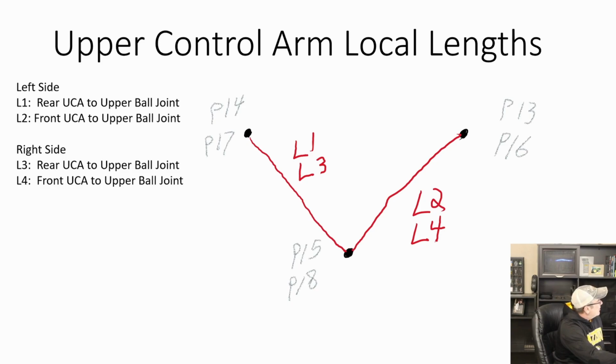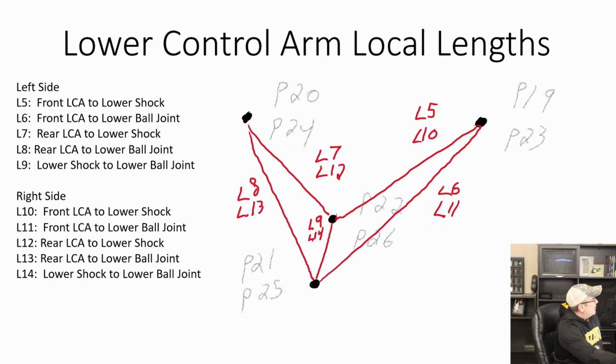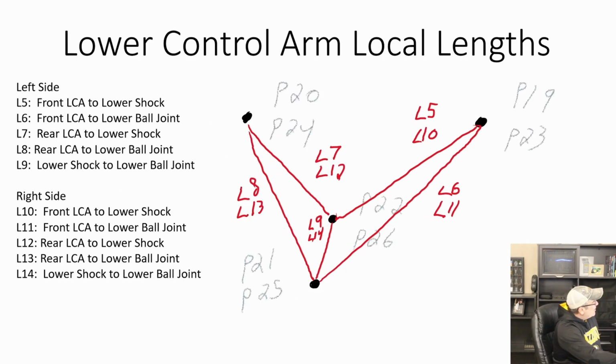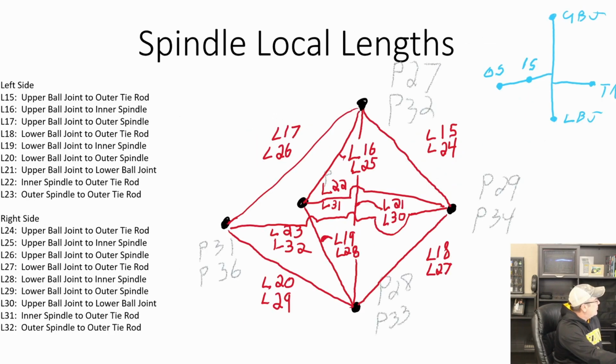So the upper control arm, lower control arm. Again, the distance between the front mount and the lower shock, the front mount and the lower ball joint, the rear mount and the lower shock, and the rear mount and the lower ball joint. Again, these are all calculated values based off of those measured points.